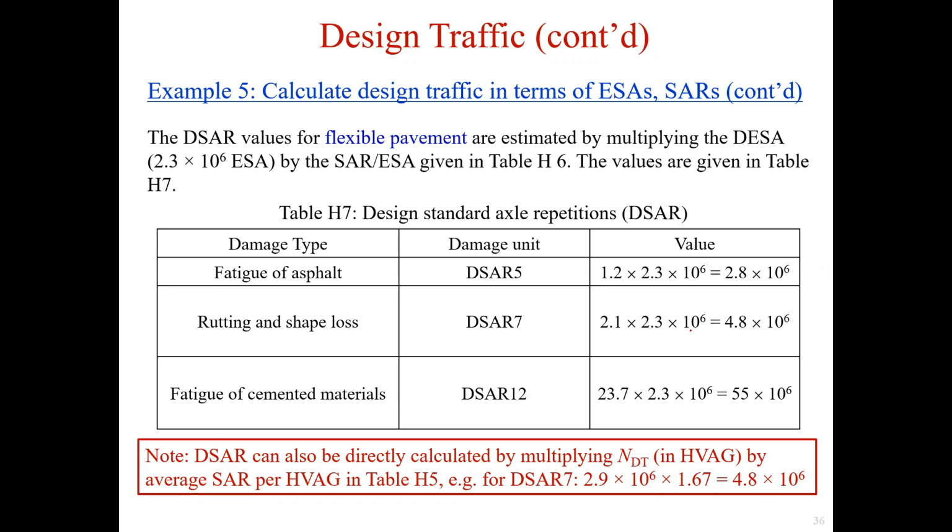Another way of calculating the SAR is to multiply the NDT by average SAR per HVAG in table H5. For example, the SAR7 equals 2.9 times 10 to the power of 6 times 1.67, which is the same value as the one in the table above.